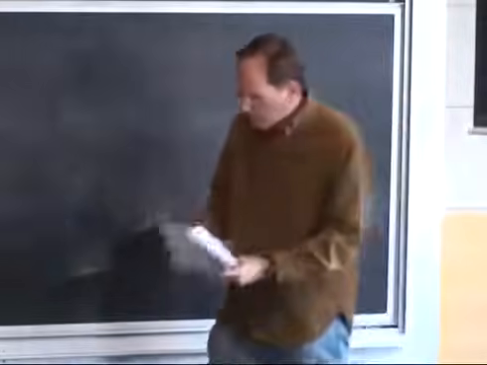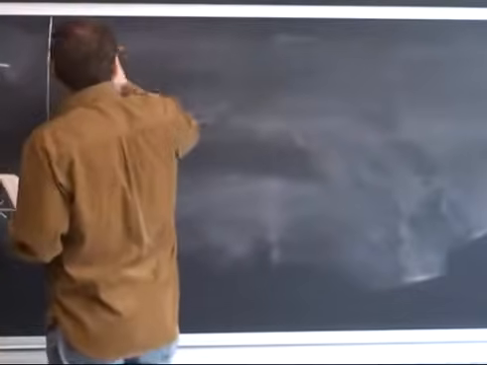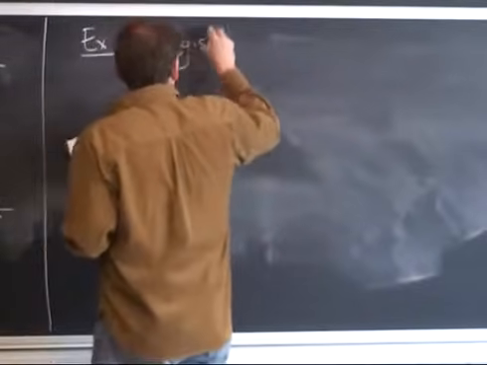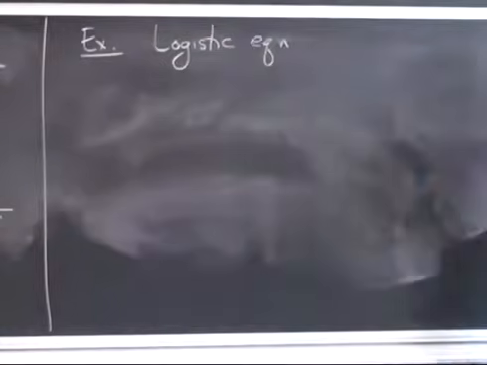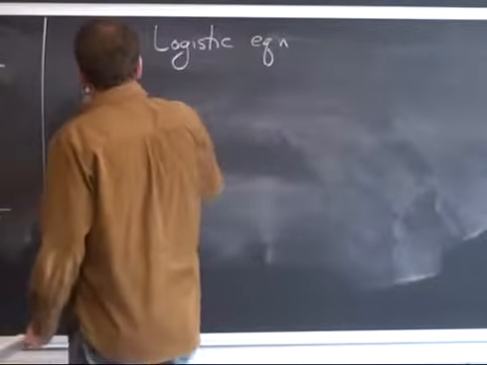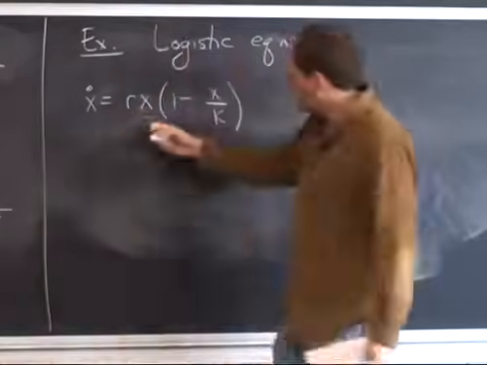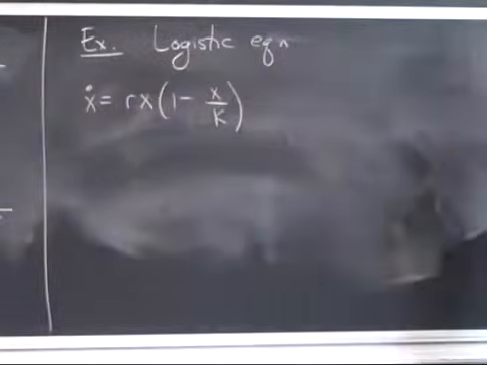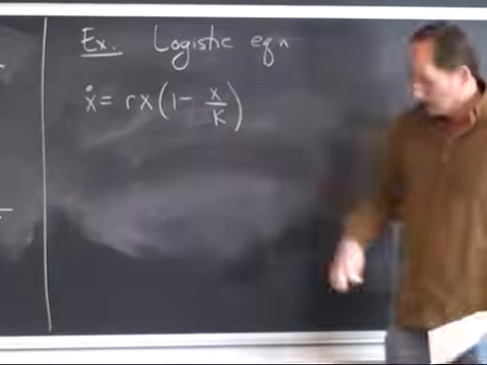Okay, let me do one little example of this and then move on. We talked about the logistic equation for population growth, which you'll remember is x dot is rx times 1 minus x over k, where x is the population of organisms, r is their growth rate, and k is the carrying capacity, the number of organisms the little system can support.